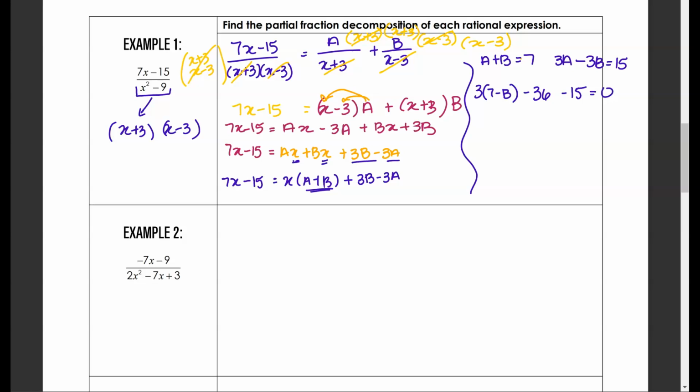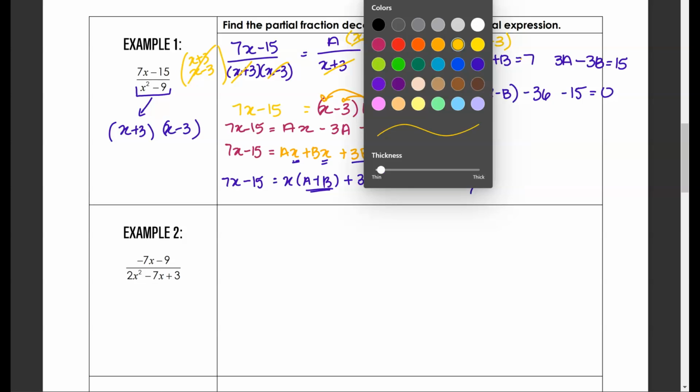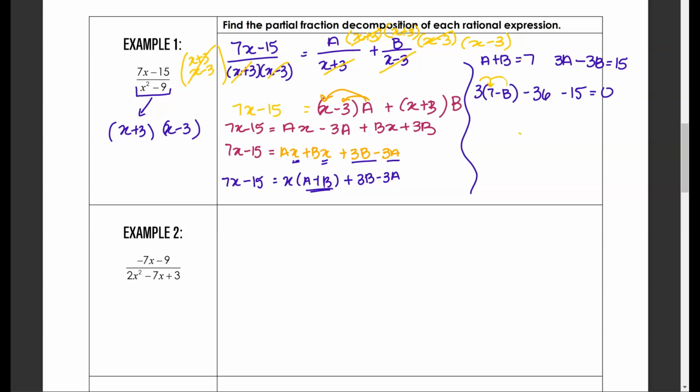All right, so now let's go ahead and distribute this 3. So we end up with 3 times 7 gives me 21 minus 3b minus 3b minus 15 equals 0.